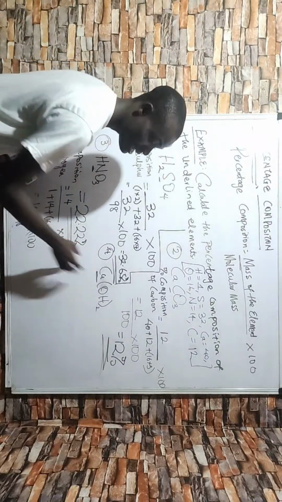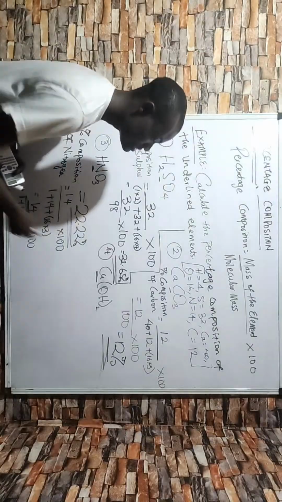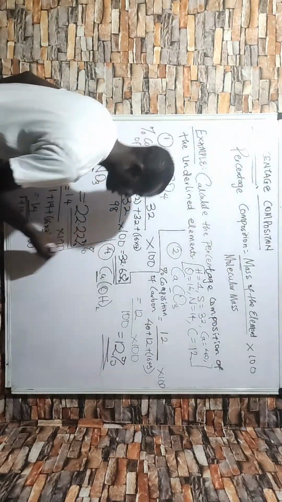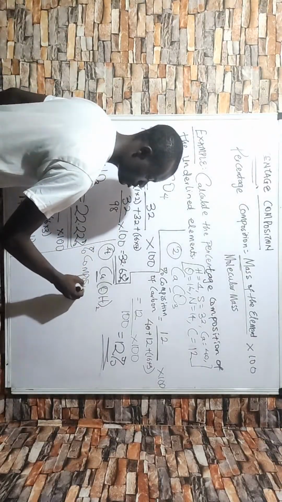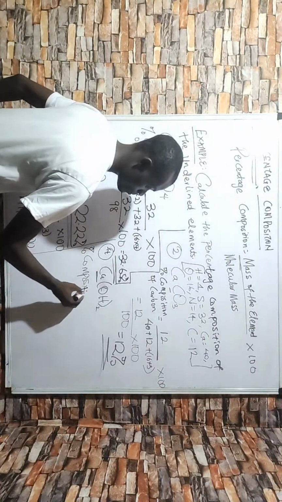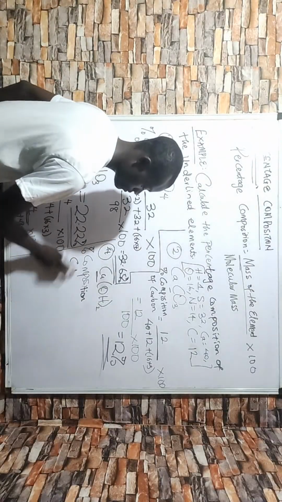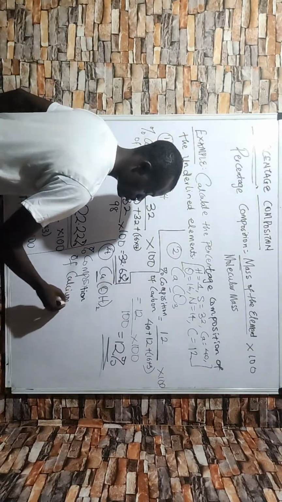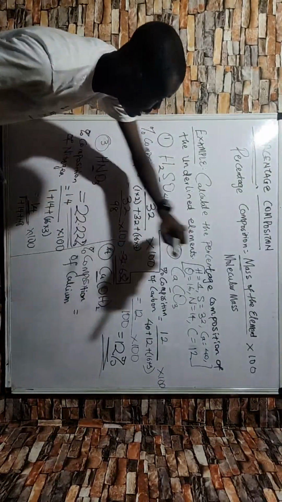Then we take a look at the fourth question, which is calcium hydroxide. We are interested in the percentage composition of calcium. So the formula again is the mass of the element we are interested in.